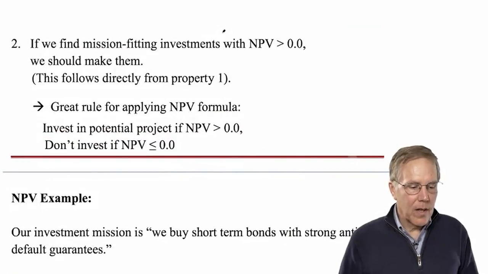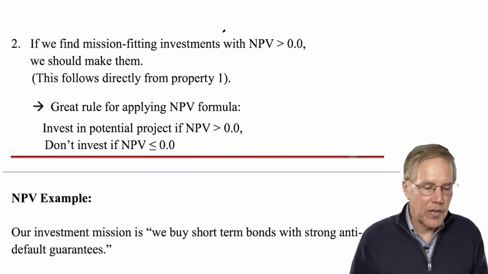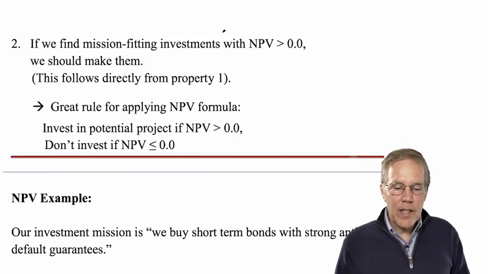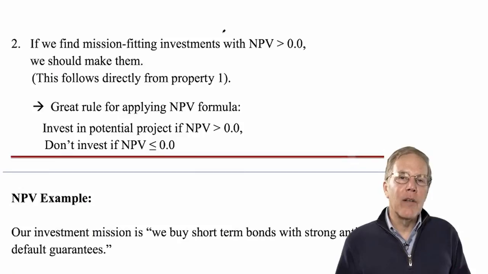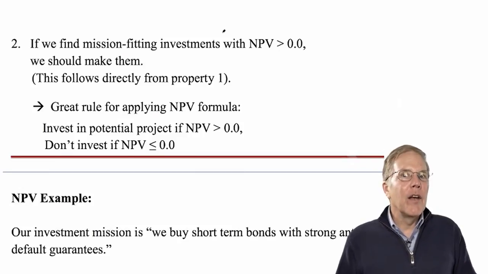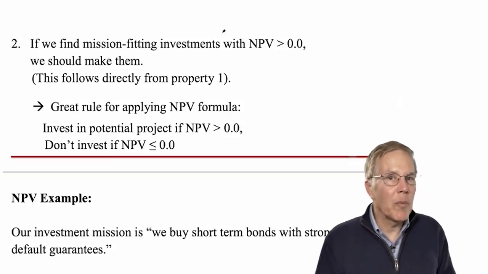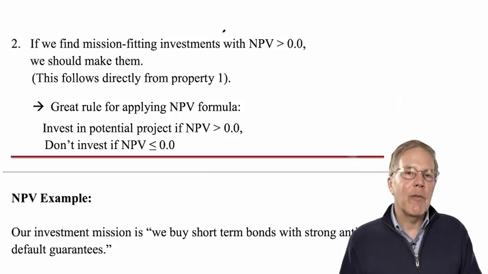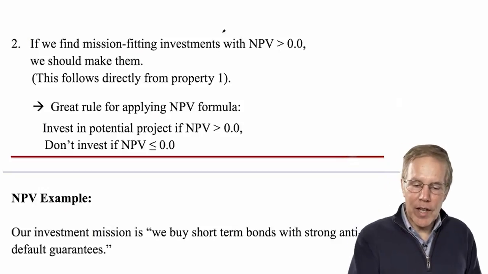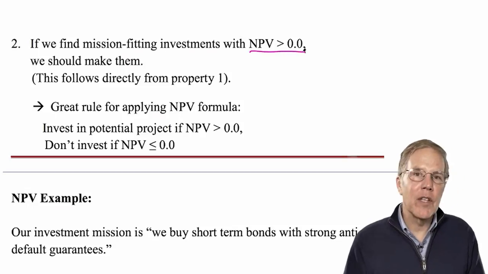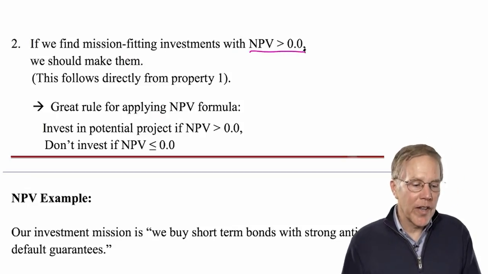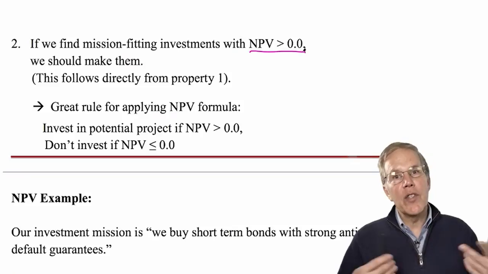Second thing that we're going to accept is that if we find investments that are in our investment milieu, again, for a firm like CAG, if we find projects, remember project is synonym for investment, if we find development projects for multifamily rental buildings that we feel have an NPV greater than 0 after we've estimated all the cash flows for the project, we should go ahead.